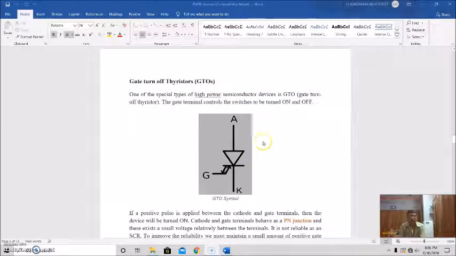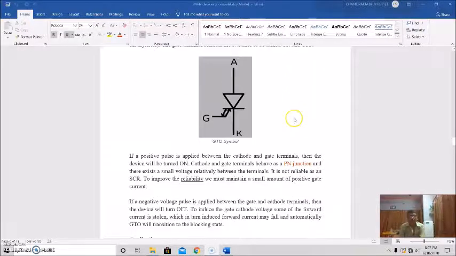GTO, as I told you, has also been discussed in our earlier module. It is a special type of high-power semiconductor device. The gate terminal controls switching on and off. When a positive pulse is applied between the gate and cathode terminals, the device will be turned on.